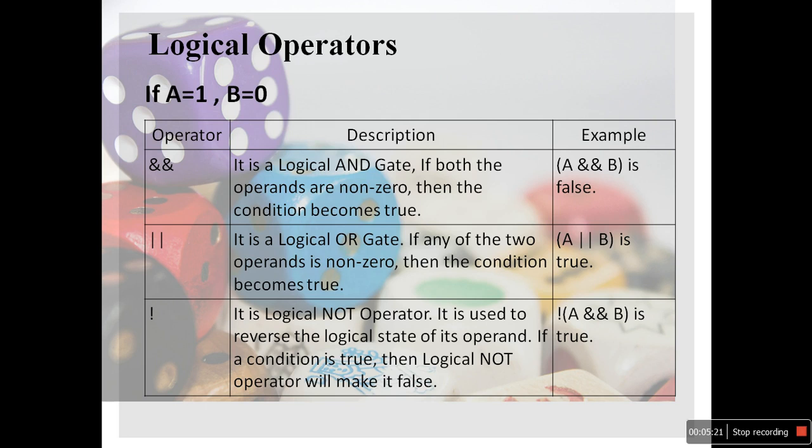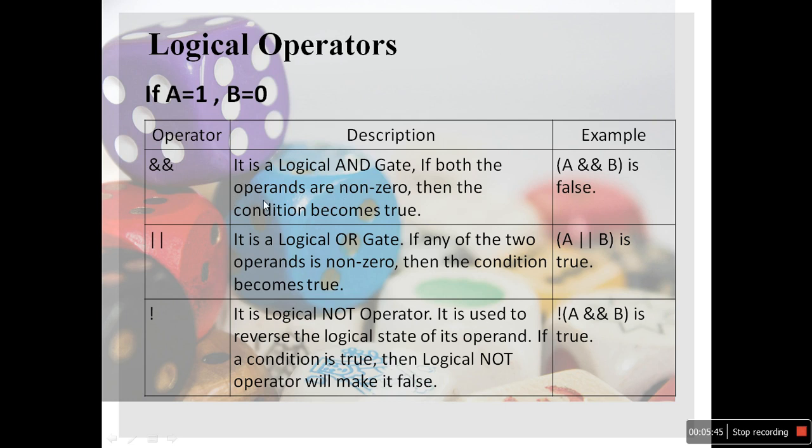Logical operators look like our AND gate, OR gate, and NOT gate. We have already discussed the logic behind the AND gate, OR gate, and NOT gate. Double AND is the AND operator. It is a logical AND if both the operands are non-zero.